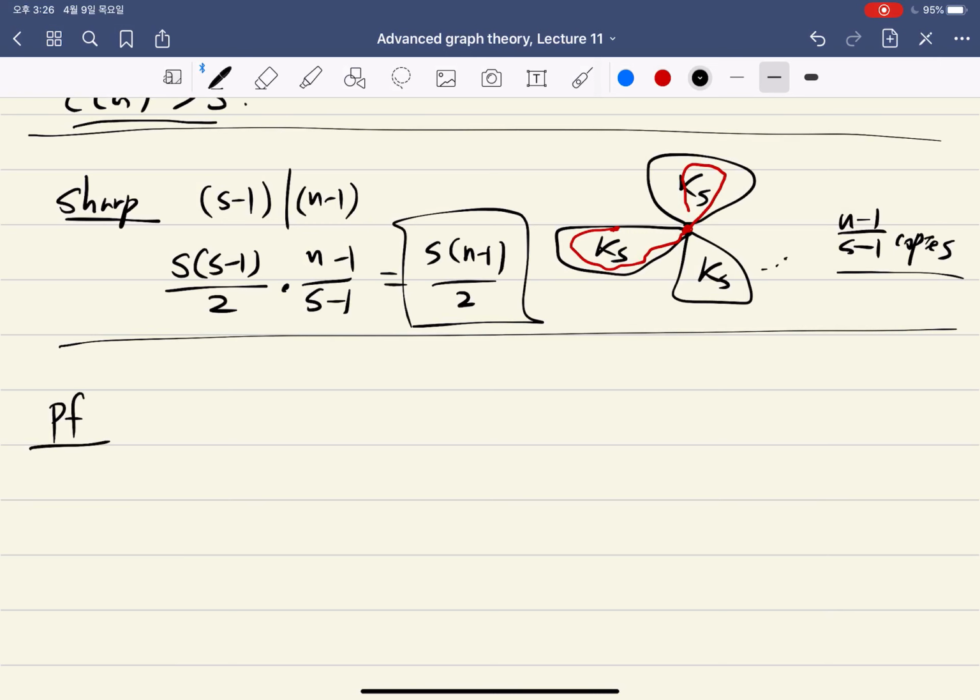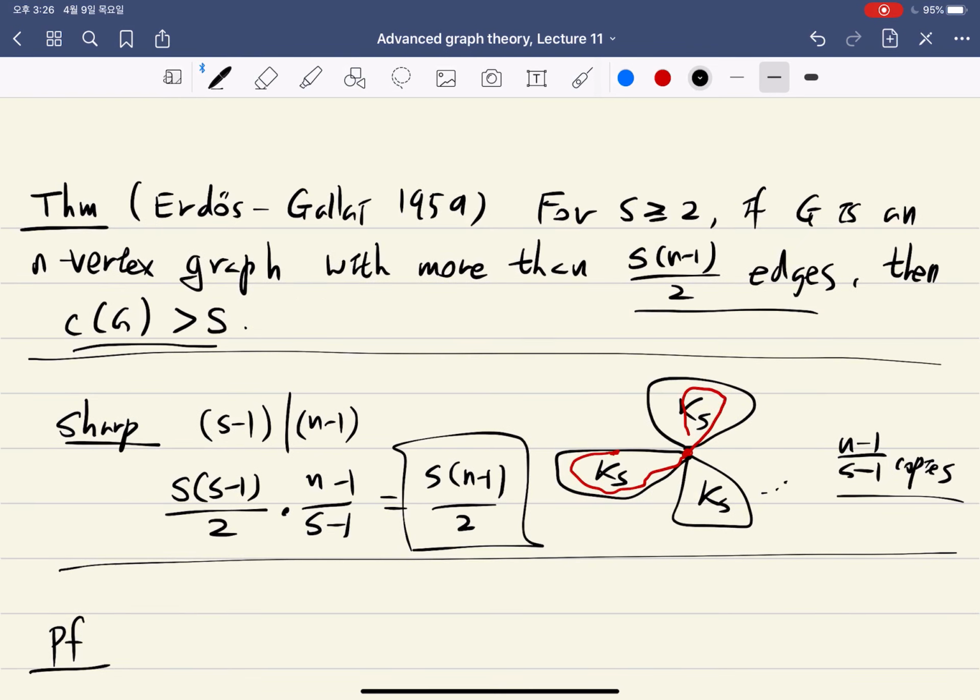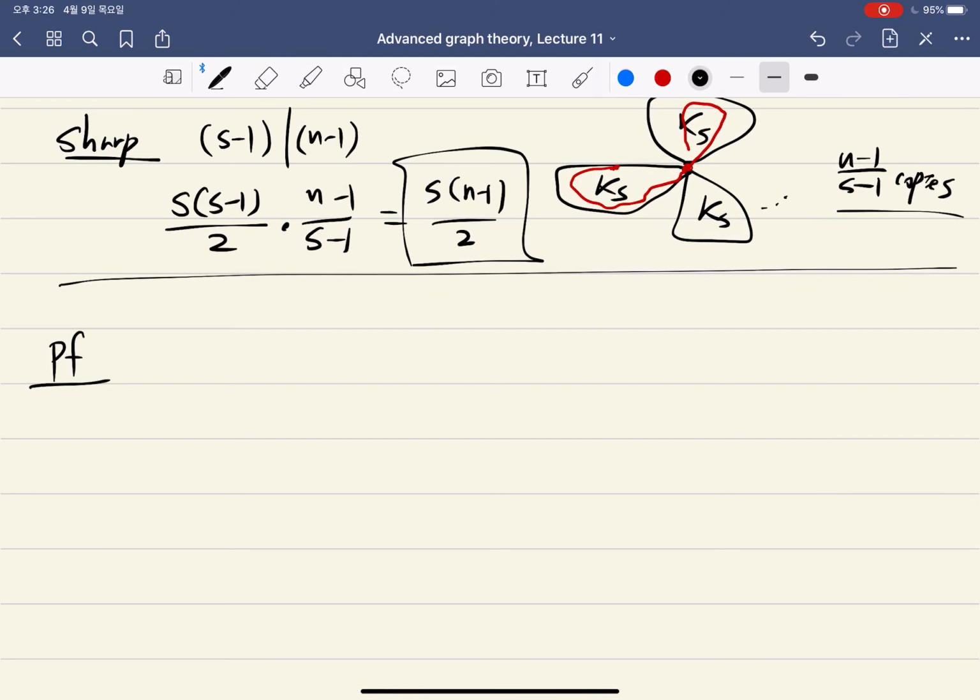So now we want to prove this theorem by Erdős–Gallai. And how do we want to prove it? Again, using a similar idea as before. We want to take a maximal path with the longest length.